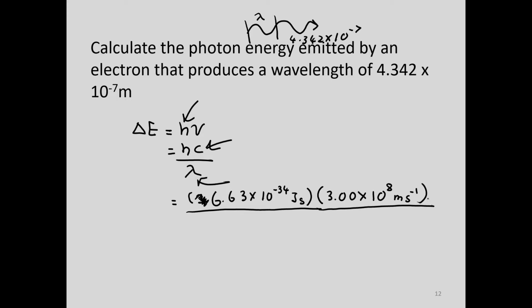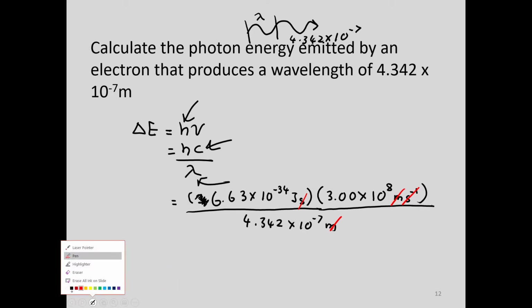Alright, and then divide by the wavelength, which is 4.342 times 10 to the power negative 7 meters. As you can see, there are units we can cancel: seconds multiplied by seconds to the power of negative 1 cancel.